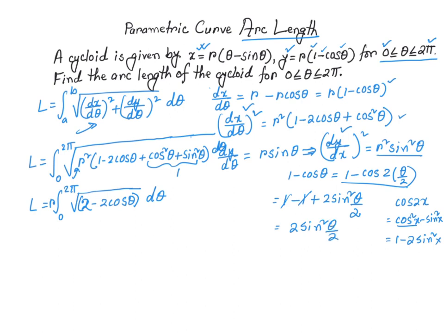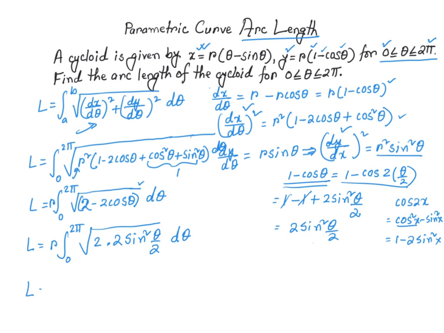Now I'm going to take this and plug it into this. So I'm going to have L is equal to r times the integral from 0 to 2 pi of the square root of 2 times 1 minus cosine of theta, right? But that is going to be 2 sine square of theta over 2, d theta.